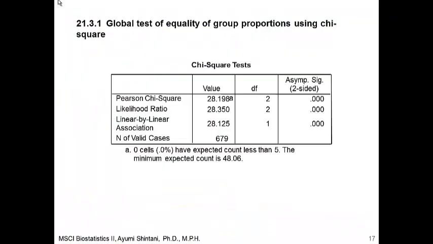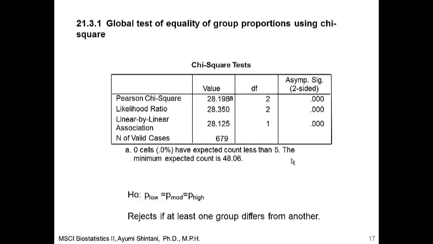This chi-square test in fact provides a global test of equality of group proportions. The null hypothesis is that the proportion of death is the same across the 3 groups. This p-value is less than 0.05, so the null hypothesis is rejected.